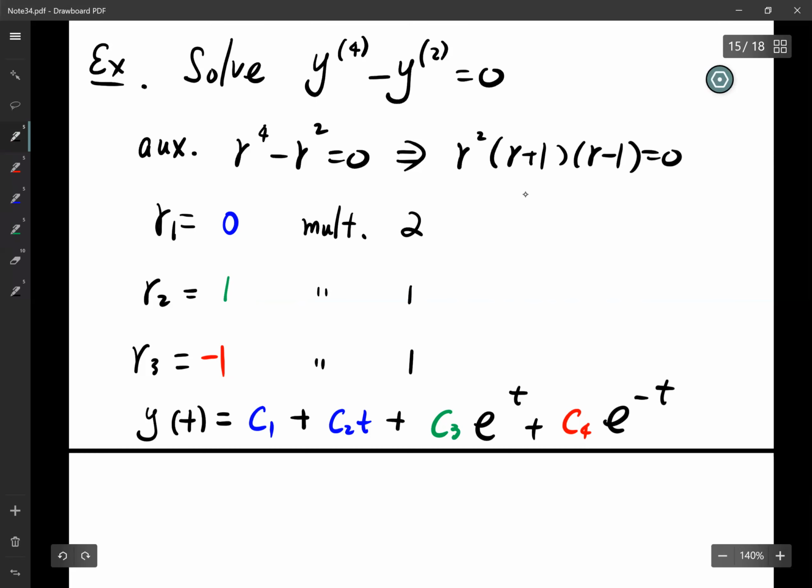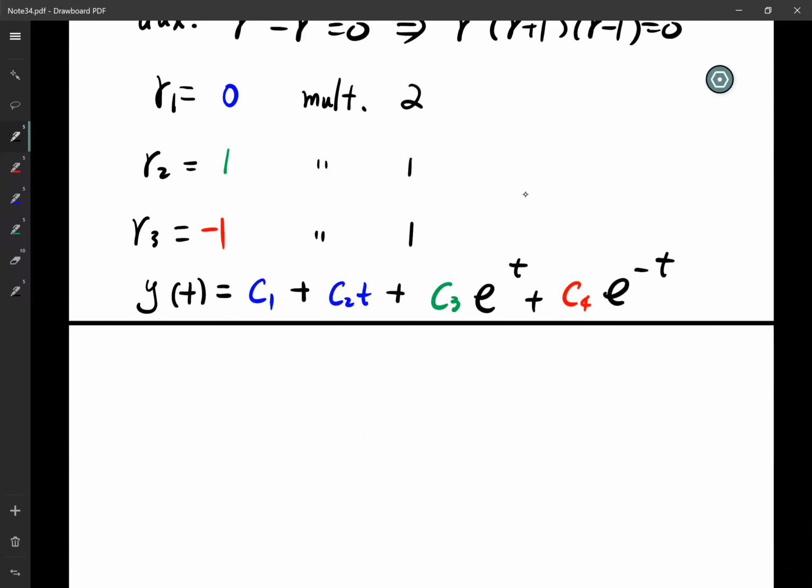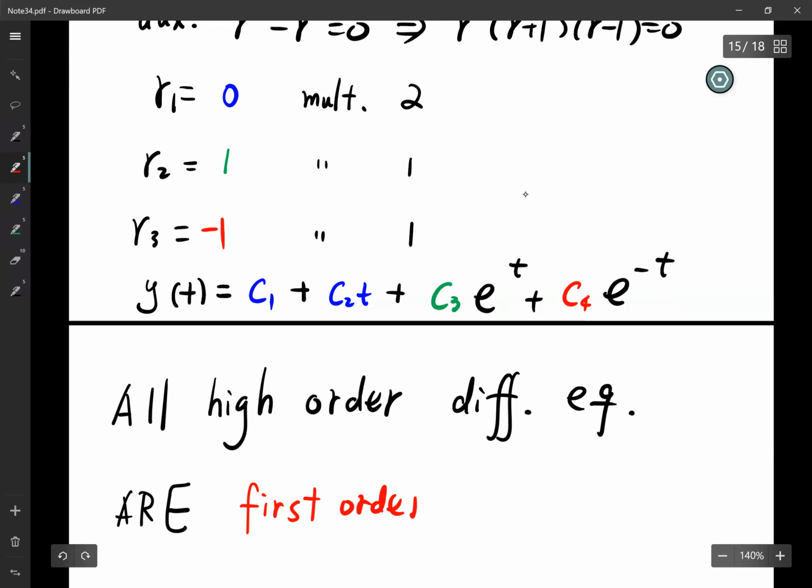Okay. Very good. So I probably don't have enough time to cover this, but just to give you a preview of the next lecture. Now you have seen how to solve high order differential equations. It is perhaps surprising to hear that all high order differential equations are first order differential equations.